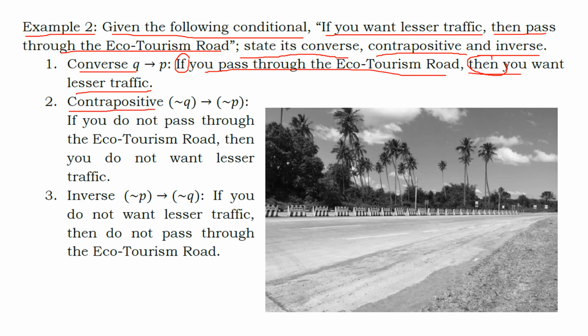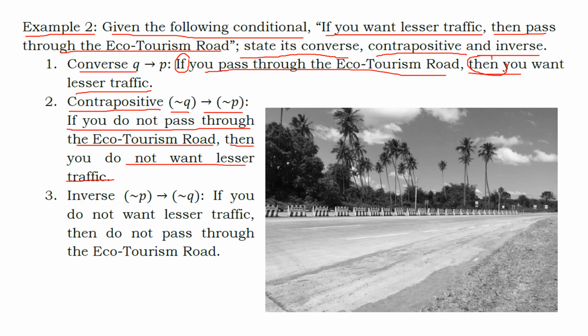Now, for the contrapositive, your negation Q and negation P, we are simply opposing what will be your converse. So we need to put do not, does not, or it is not true. So if you do not pass through the ecotourism road, then you do not want lesser traffic.